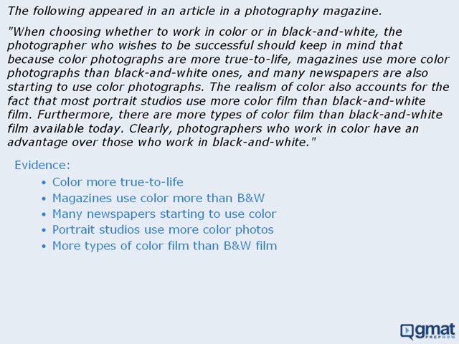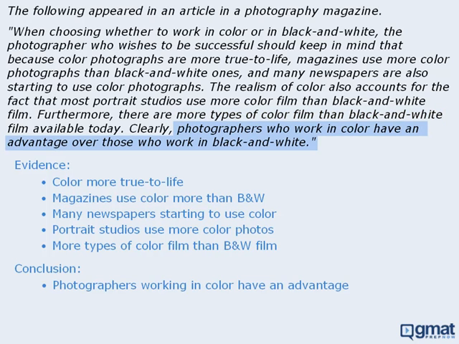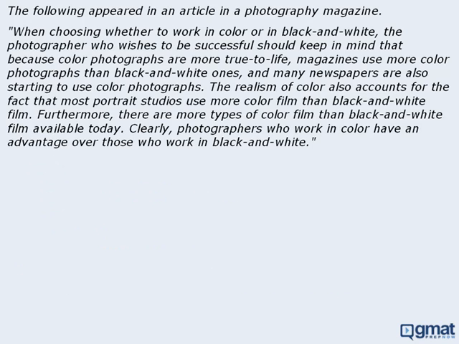Given this evidence, the author concludes that photographers working in color have an advantage over those working in black and white. At this point, let's move our information off to the side and start looking for flaws.